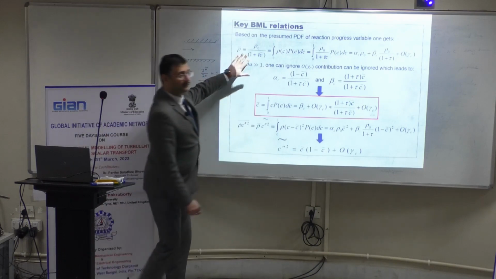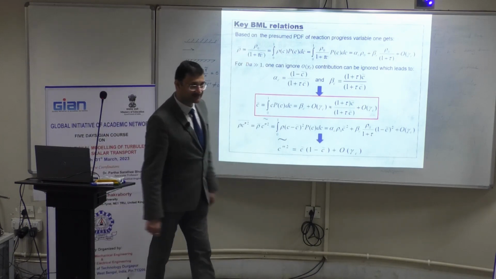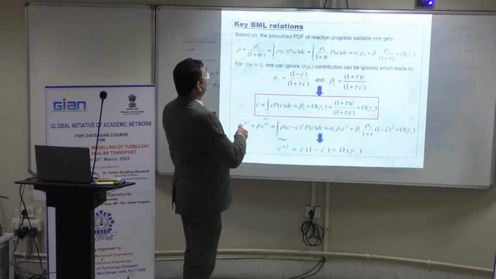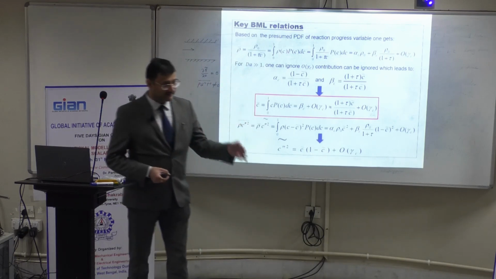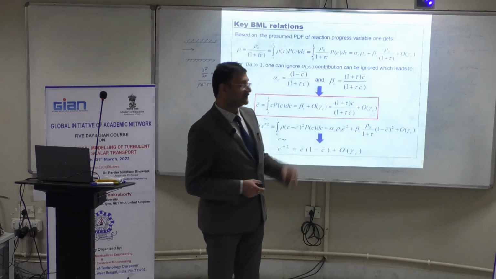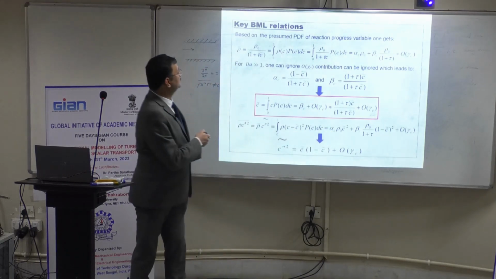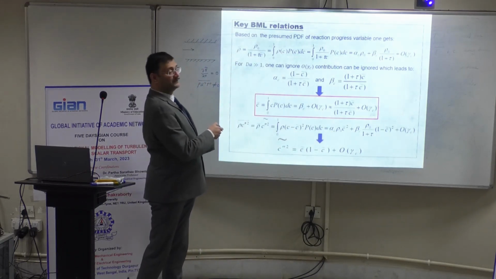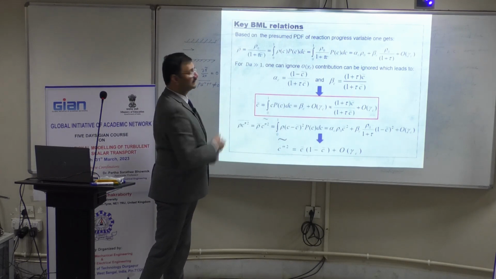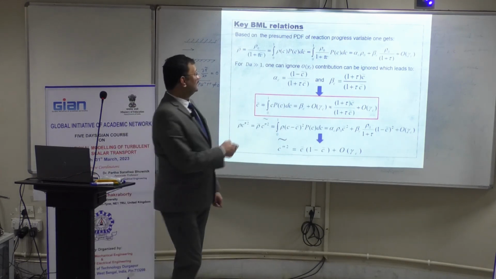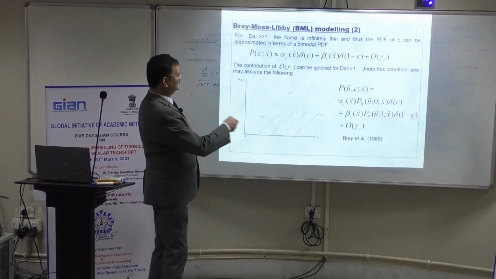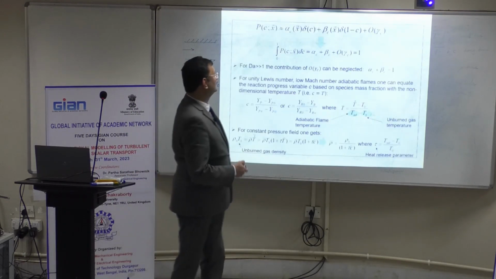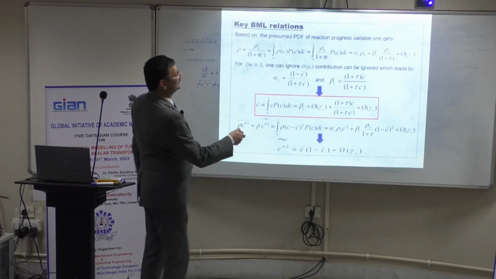I already have this expression. If I consider density is only a function of C, which is the case under all those assumptions, then I can put rho of C, PDF, and integrate. And if I integrate using this function, I will get this.